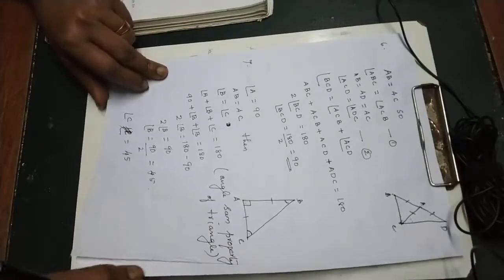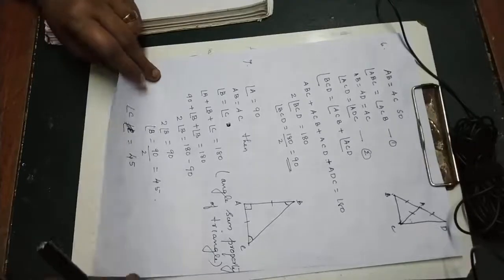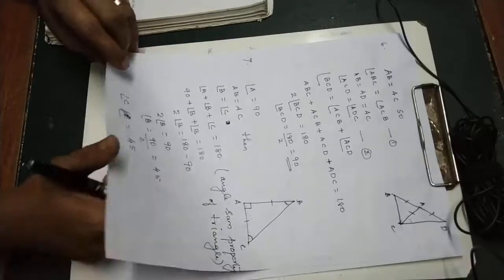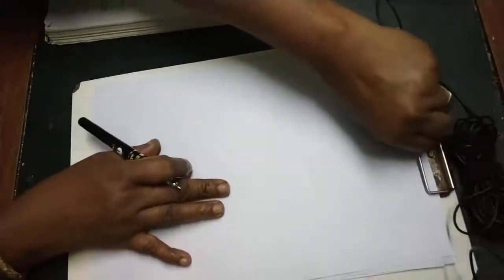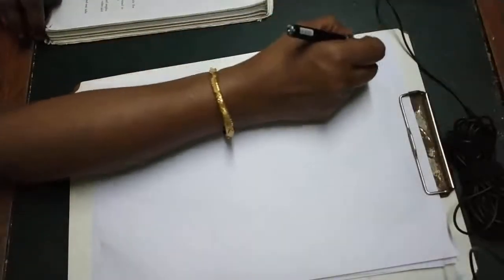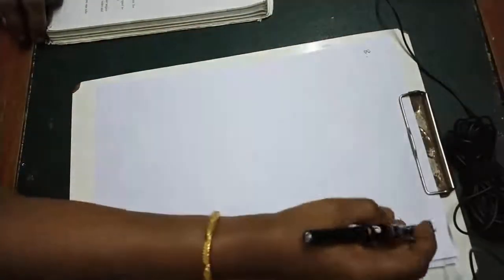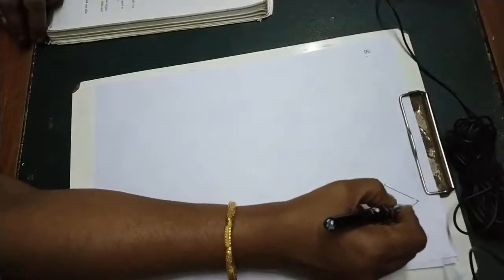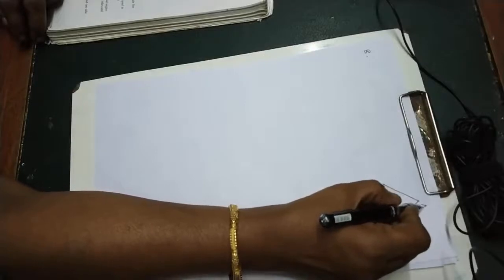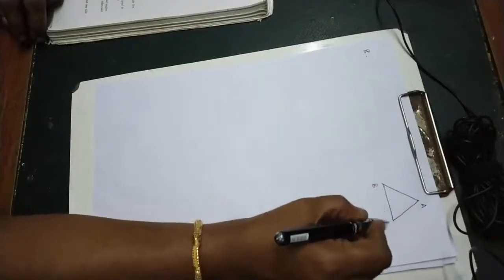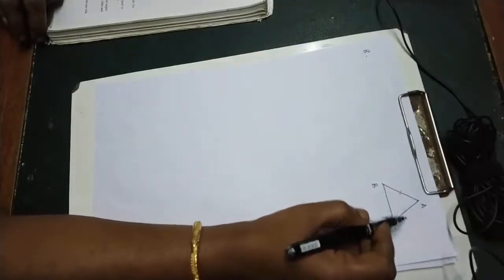Now show that angles of an equilateral triangle are 60 each. So here, eighth one, it is an equilateral triangle. Equilateral triangle, we know that all the, let A, B, C be an equilateral triangle, that is AB, AC and BC, all the three sides are equal.